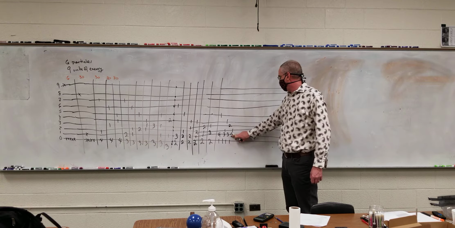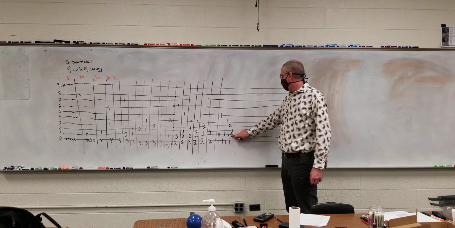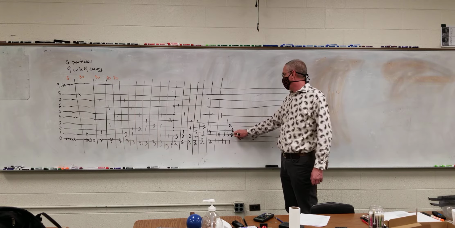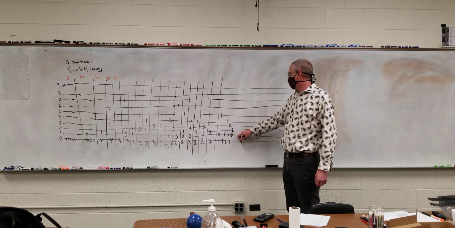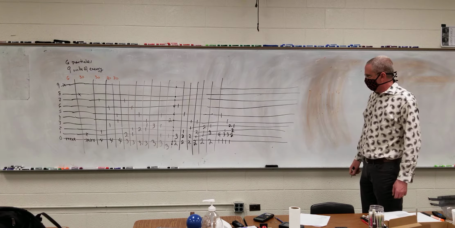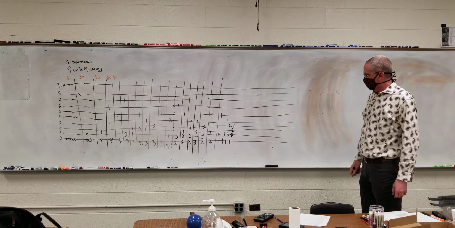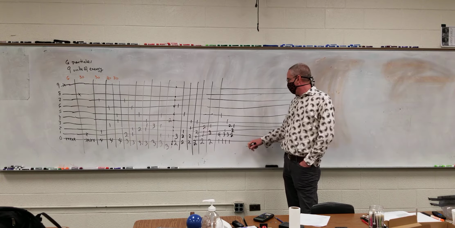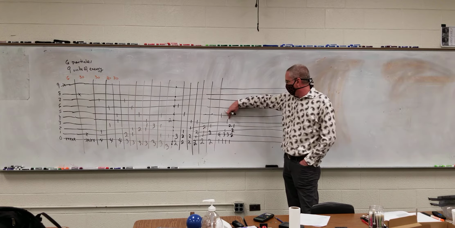Shouldn't there be, wait, 1, 2, 2. So we got 1, 2, 3, 4, 5, 6, and then 1 at 3. Do we have 3 at 1, 1 at 2, and 1 at 4? Yep, that's this one. Okay.